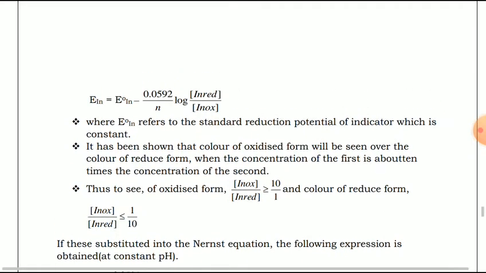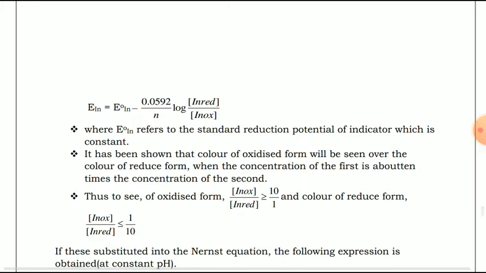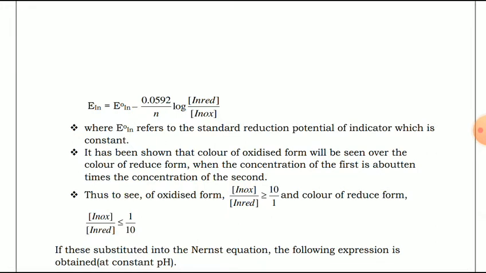It has been shown that the color of the oxidized form will be seen over the color of the reduced form when the concentration of the first is about 10 times the concentration of the second. That is, to see the oxidized form, the concentration of indicator in oxidized form upon the concentration of indicator in reduced form is greater than or equal to 10 by 1.